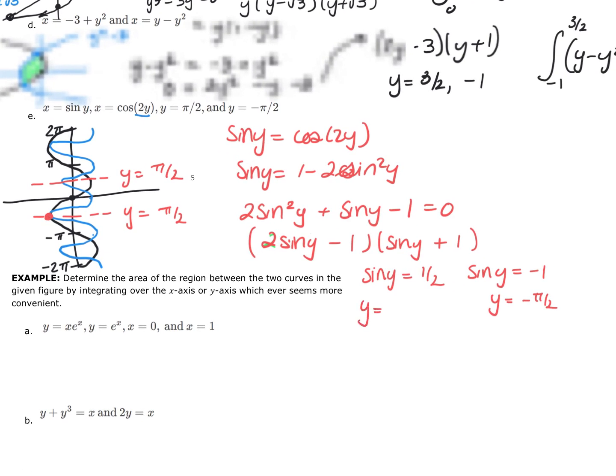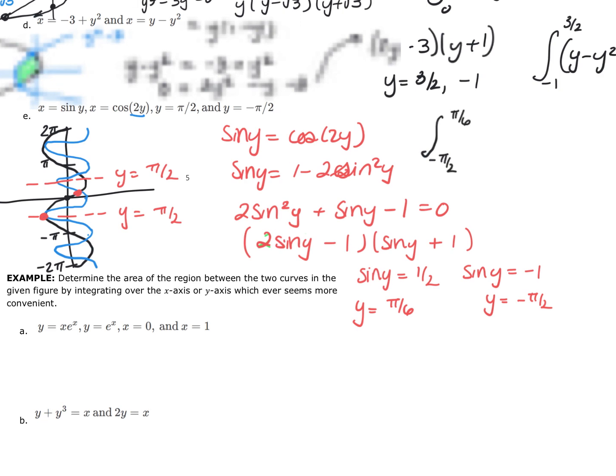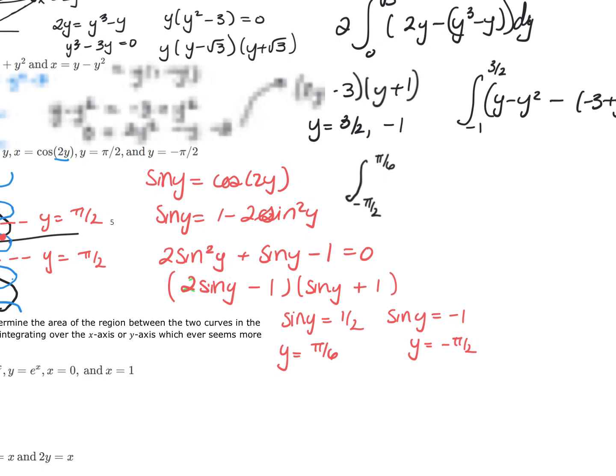Now when I have the sine of y equals 1/2, that is when I'm at pi/6. So this is the pi/6. So my integration then is going to go from -pi/2 to pi/6, and in this region my cosine 2y is the most right function.